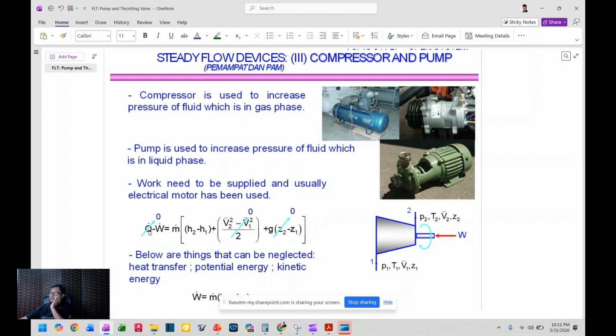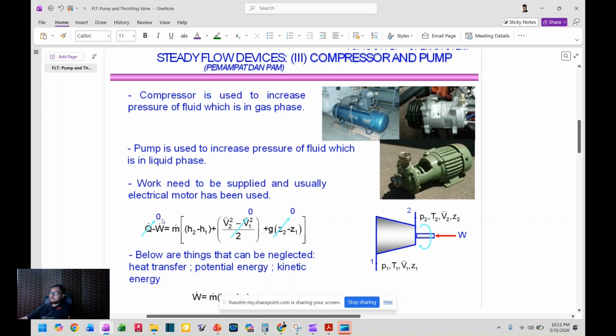If you have seen maybe simple water pumps in some homes, the pump does not conduct heat into or away from the fluid going through the pump, right? So we can safely assume that Q dot is zero.